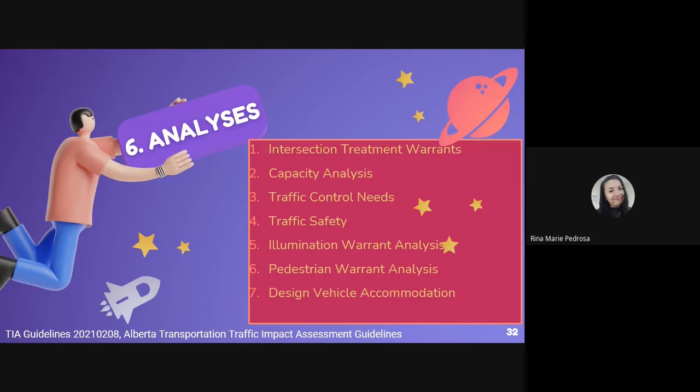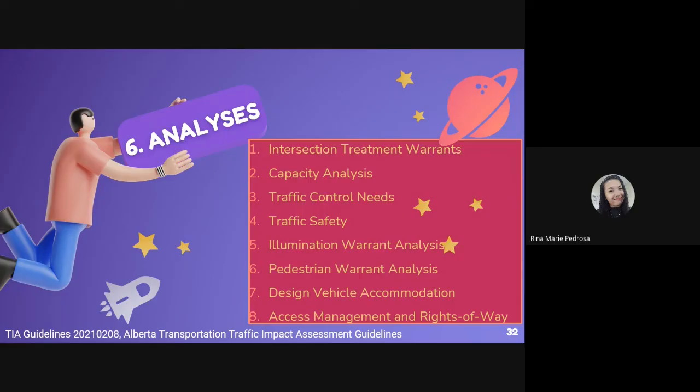And lastly, we will have the access management and rights of way. So a TIA report must address improvements to the highway involving removal, relocation, or alteration of existing accesses to maintain minimum spacing and ensure highway safety under post-development conditions.